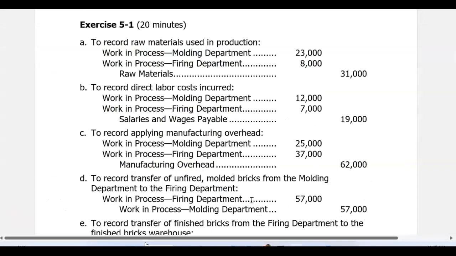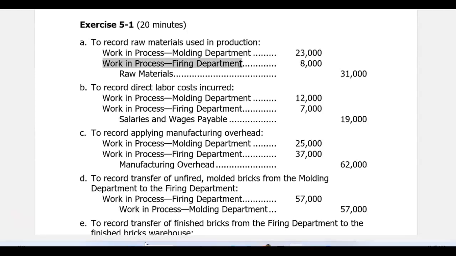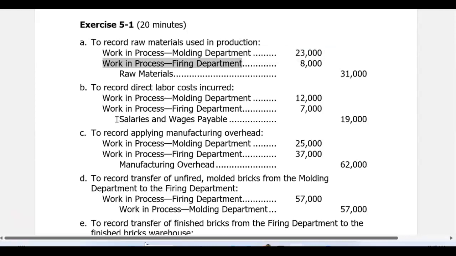Here we go. So to record raw materials used in production, first of all, we know we have the raw material T account, but the moment that you send raw material into any of your departments, you need to debit work in process department 1, and also debit work in process department 2 for the amount of raw materials that has been transferred from the raw material T account. Also, at the same time, you record the wages for direct materials, direct labor.